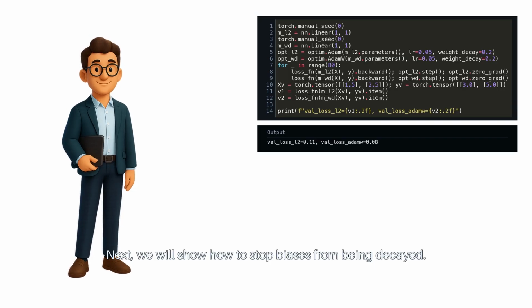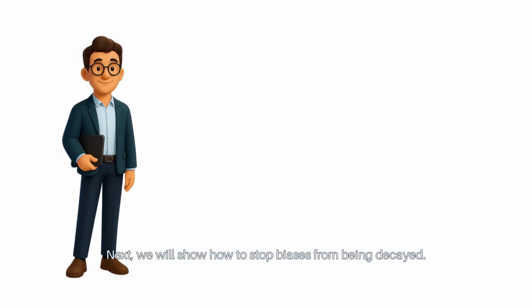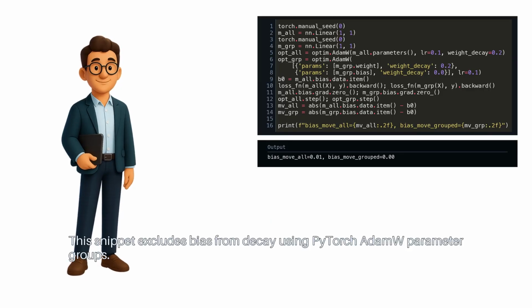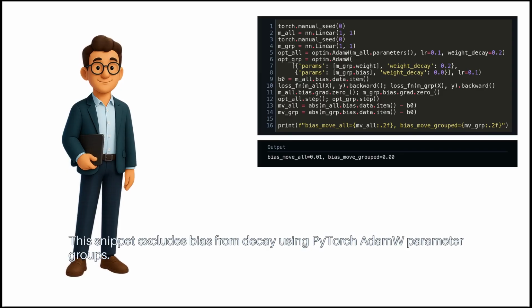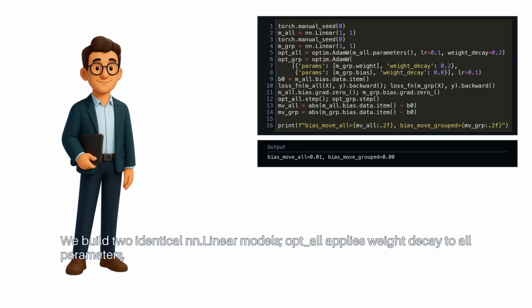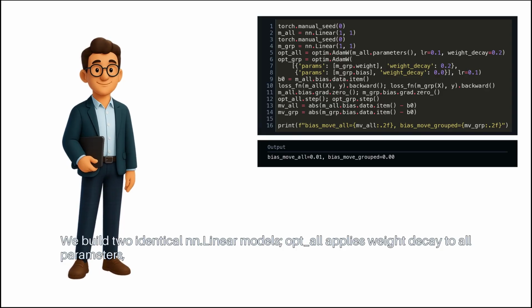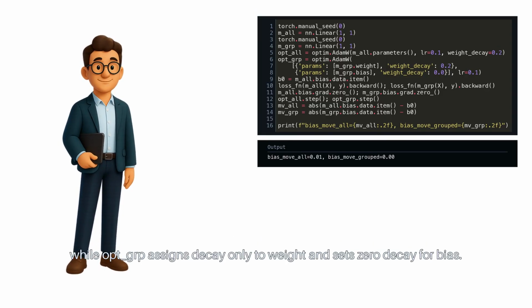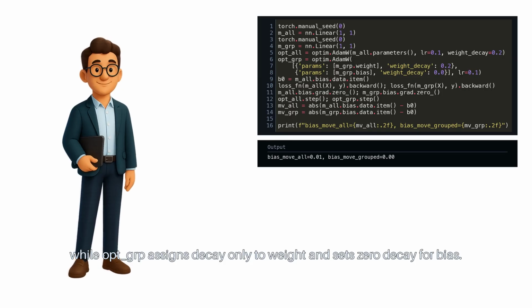Next, we will show how to stop biases from being decayed. This snippet excludes bias from decay using PyTorch AdamW parameter groups. We build two identical nn.Linear models. Opt_all applies weight decay to all parameters, while opt_group assigns decay only to weight and sets zero decay for bias.